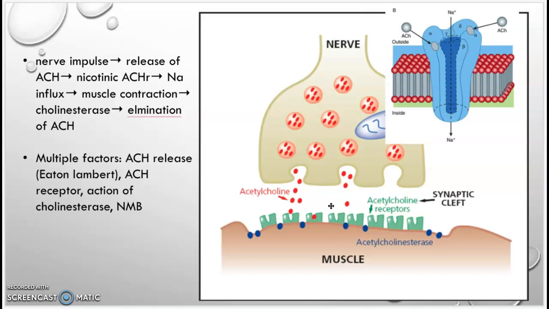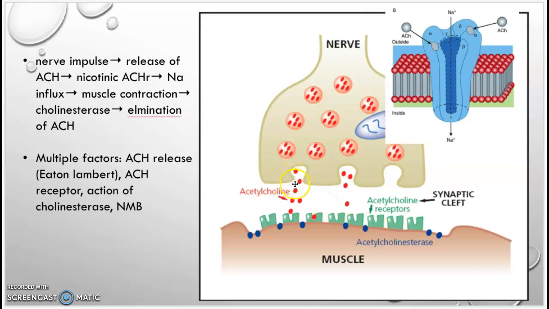So you see that several factors affect effective neuromuscular transmission. First of all, you must have a presynaptic calcium channel, which is not shown in this diagram, and in some patients there can be a deficiency of this ion channel, like Eaton-Lambert syndrome. And once acetylcholine is released, it must have a postsynaptic acetylcholine receptor, and they could be deficient in conditions like myasthenia gravis, or they can be increased like after stroke or other conditions.